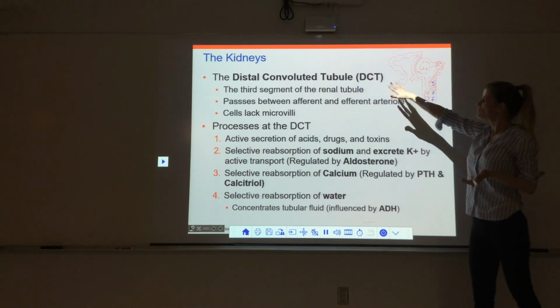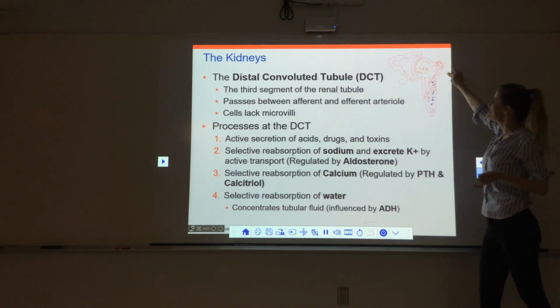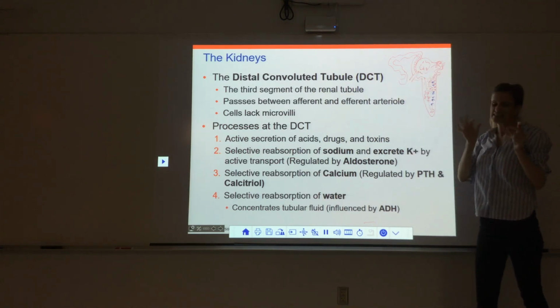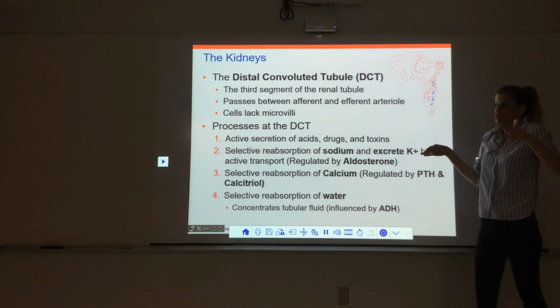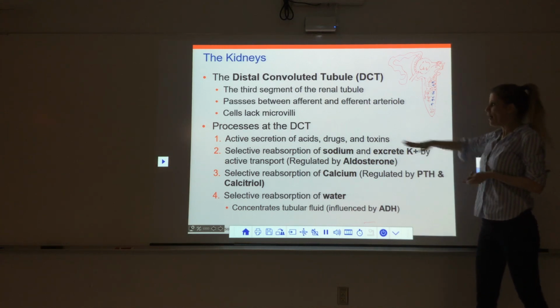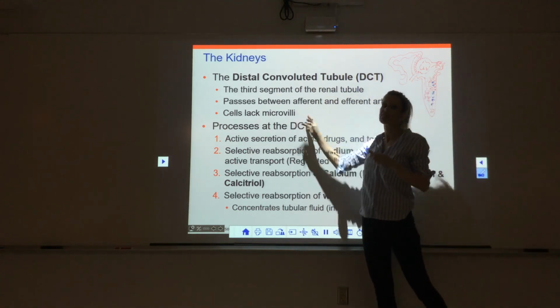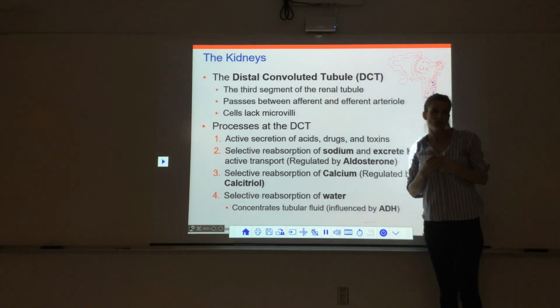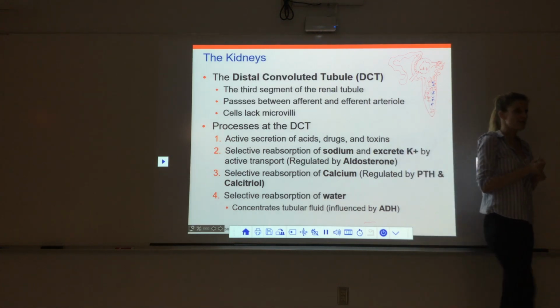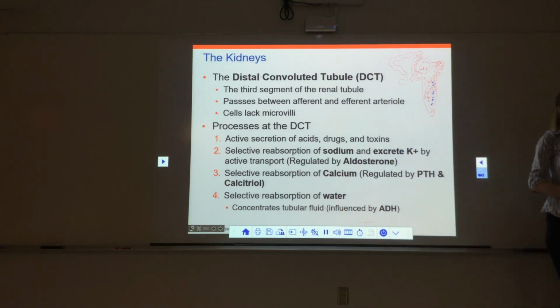And again, it's convoluted, so it's highly twisted, just like the PCT, but it's not the same. That's kind of where the structure or the similarities end. When we look at the DCT and the cells that line it, we do not have microvilli present. So do you think reabsorption is super important here? No, not nearly as much reabsorption occurs, which makes sense.